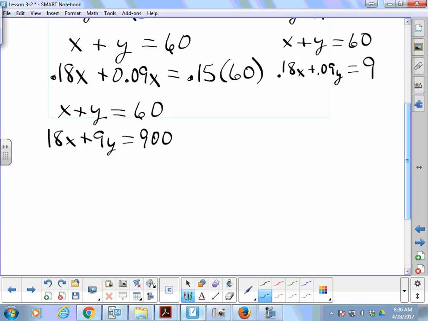So now we've got those two equations where we can use them. Now we can use substitution, elimination, or graphing to find the solutions. I'm going to use elimination, so I'm going to multiply this one by negative 9. I'm going to eliminate y. And I'm just going to move it down here below this other one.